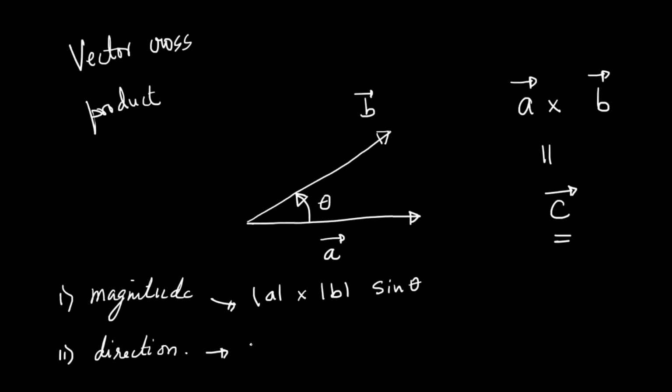Now the direction is given by something known as the right hand rule, something that you're familiar with. So you keep your right hand with the four fingers aligned in this direction.